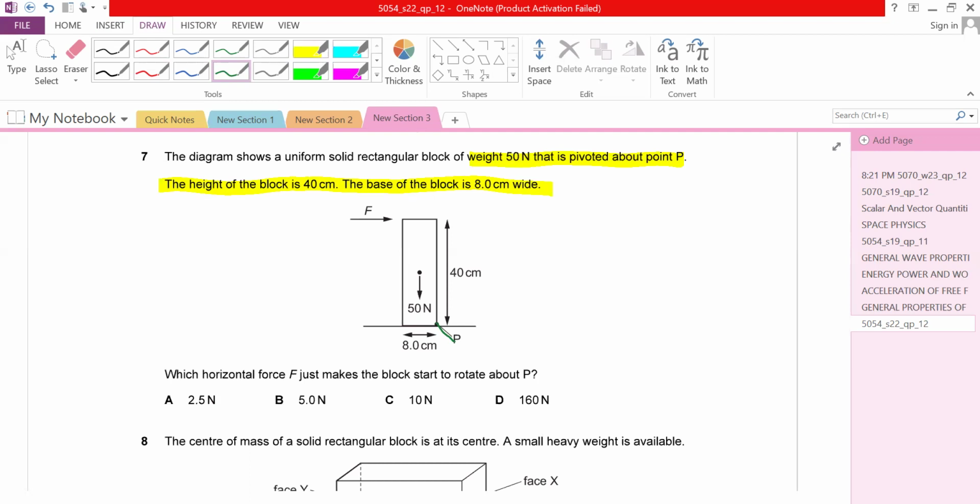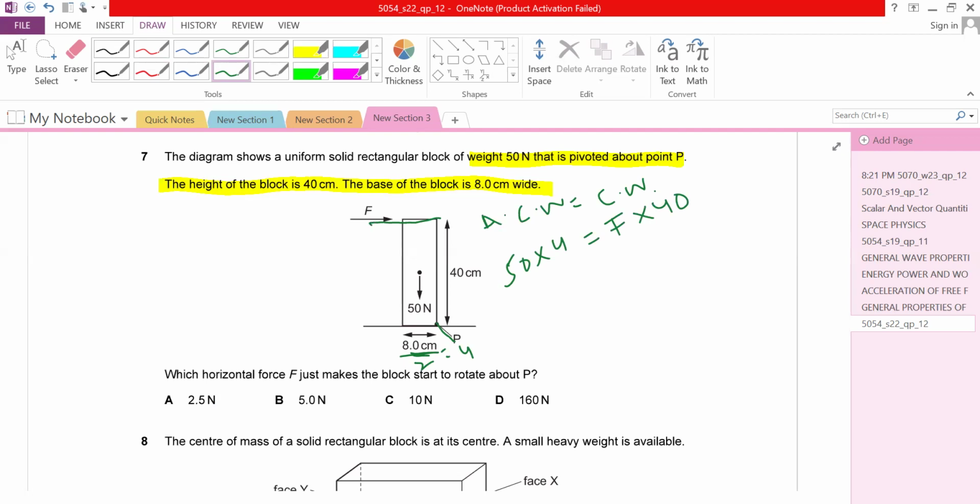Before this, the block is uniform. You can see that the formula anticlockwise moment equals clockwise moment will be applied here. So what you have to do is 50 into 4, half of 8, 8 divided by 2, which is 4 centimeters. You have the length, and then force into 40.